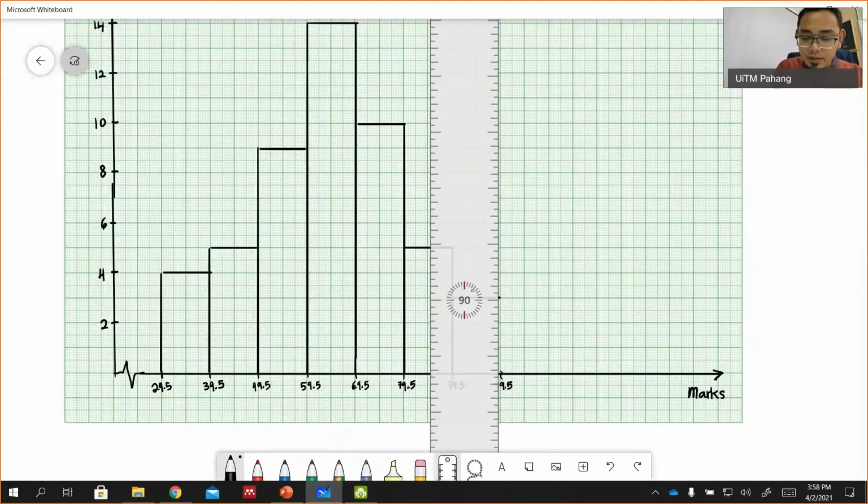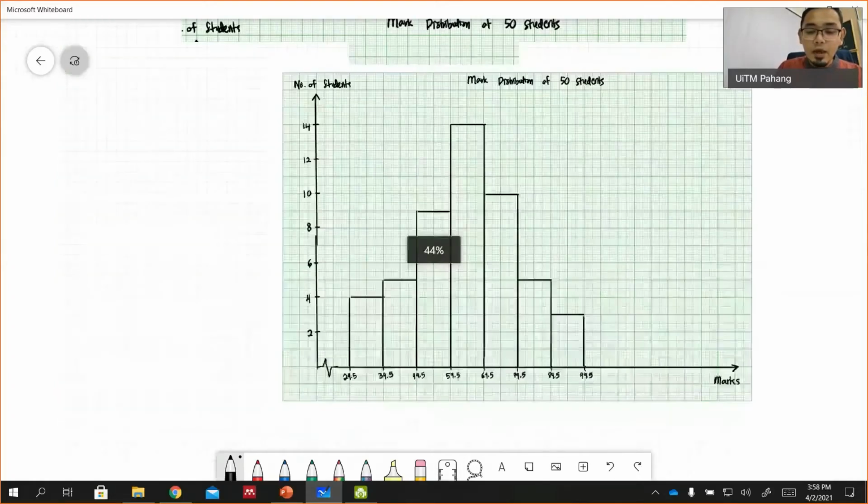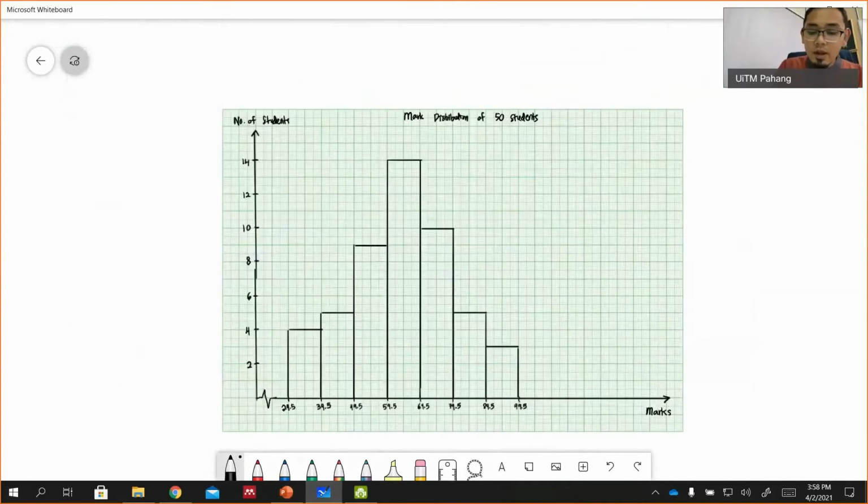So this is your histogram. Please take note that we have the title, the labels for the x-axis and y-axis, and the class boundaries, but we don't write class boundaries there. You connect these using bars without gaps. So we are done with the first one, which is the histogram.